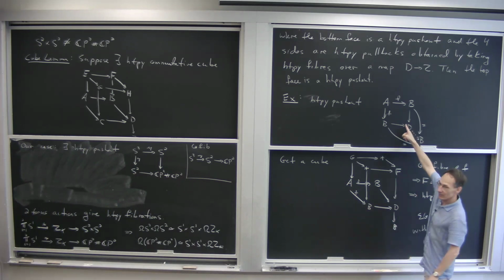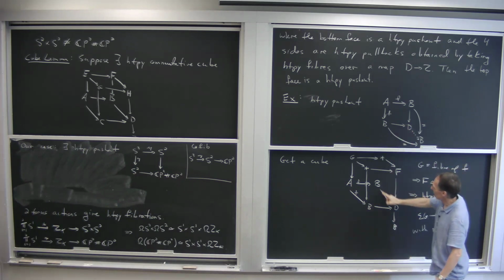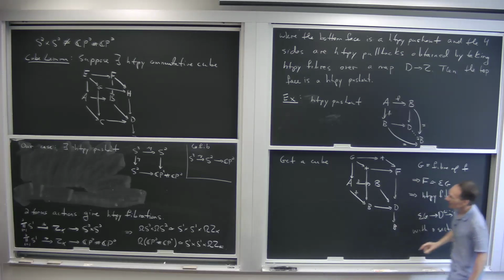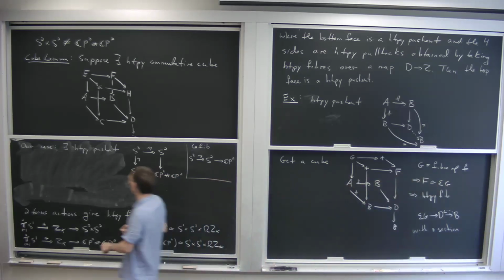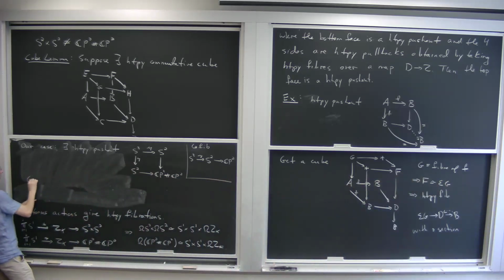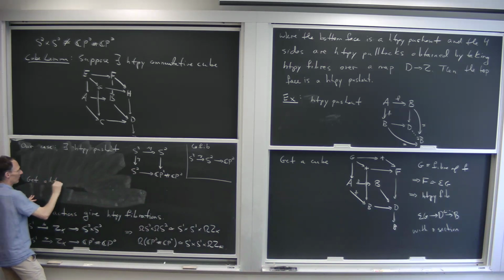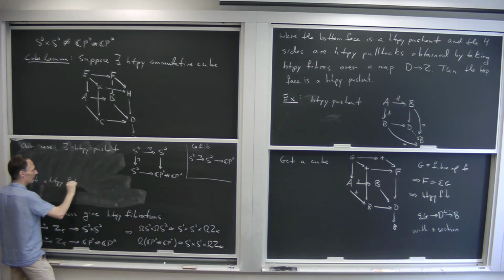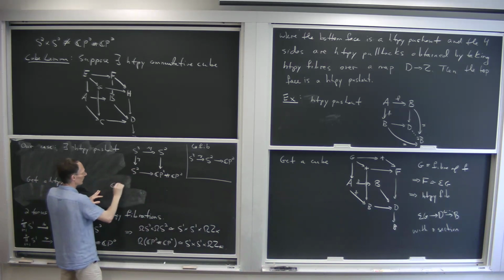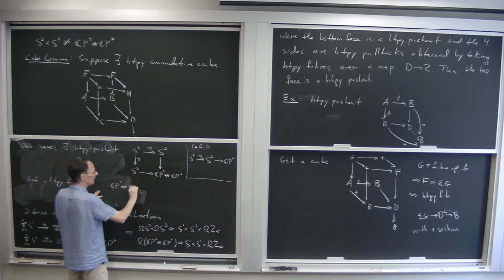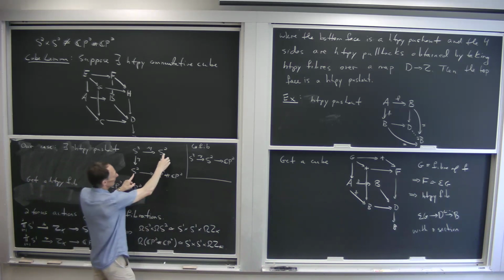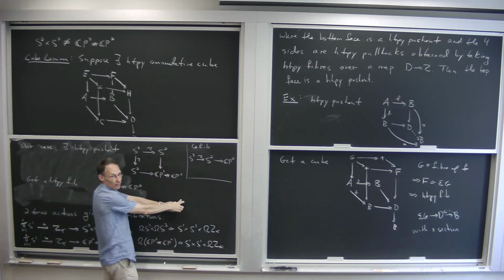All right, and that's exactly of this form. So we can apply this cube lemma, and we get a homotopy fibration where we start with CP2 connect sum CP2. We could map out to a copy of S2.